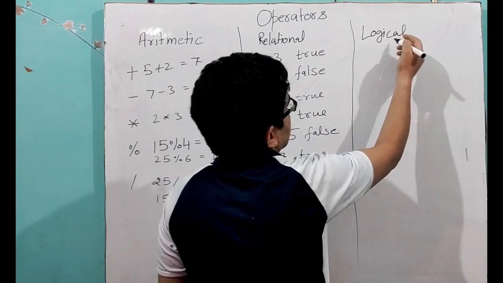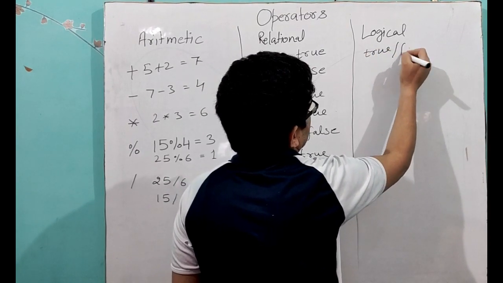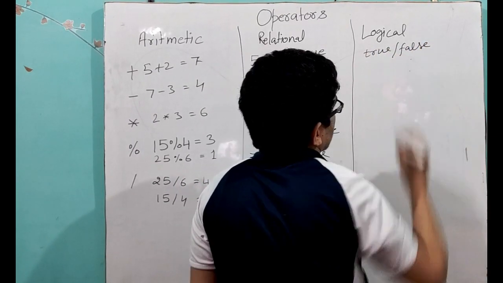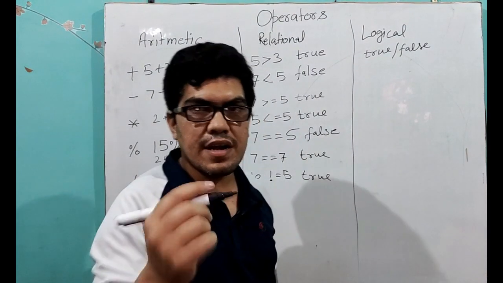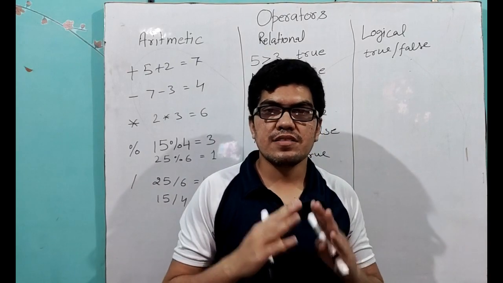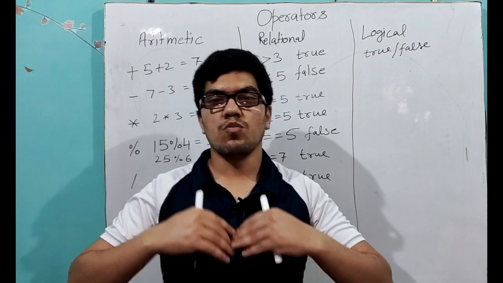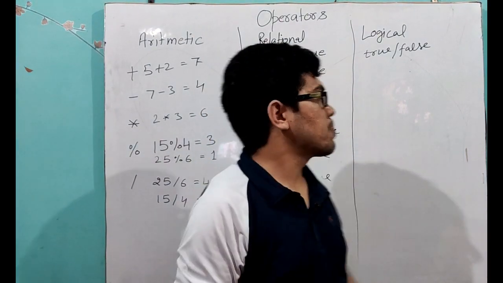These logical operators give a result of either true or false, and the operands will also be either true or false. It means we can say these operators accept boolean type values and give us boolean type values.